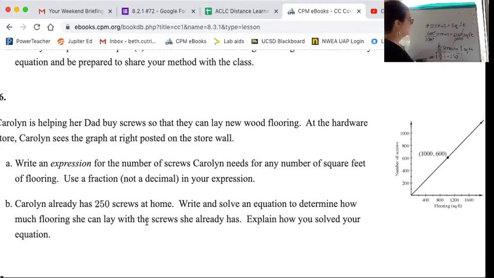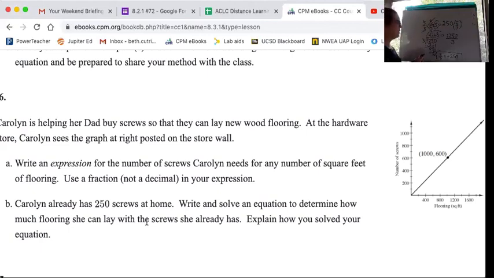So to isolate screws on one side, let's do it up here so you can see it a little better. 3/5 screws equals 1 square foot, 250 screws. So I'm going to isolate that on the left side of the equation, and I'm going to multiply this by 5/3 to make it go away to 1. As I multiplied it by 5/3 on that side, I'm going to multiply it by 5/3 on that side.